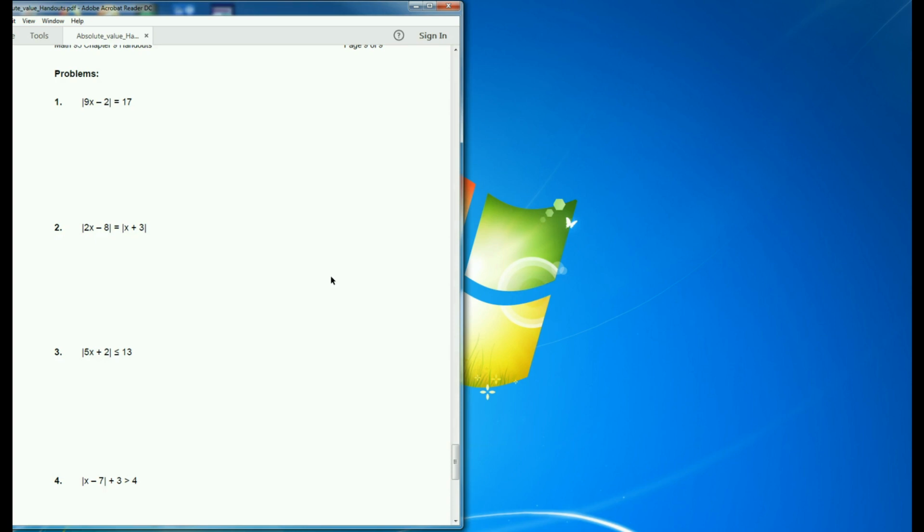Today's the 21st, so by Sunday the 24th, just by regular quiz time, send me these 4 problems and your answers, and I will give you extra credit for that.